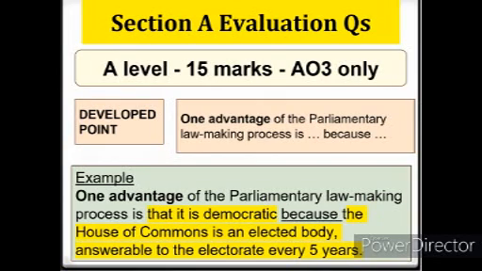And yes, it is knowledge, but it's very difficult to evaluate something without showing knowledge. So the evaluative point is it's democratic, and you need to explain how the parliamentary process is democratic. And it's democratic because the House of Commons is elected every 5 years by the public.